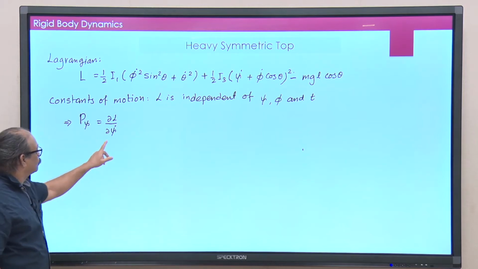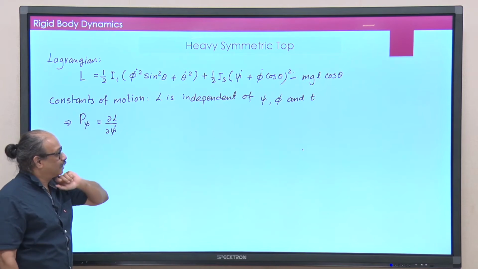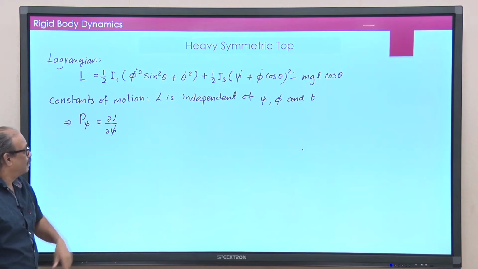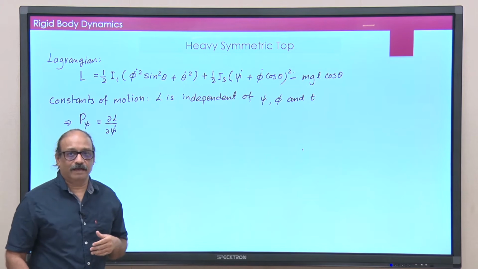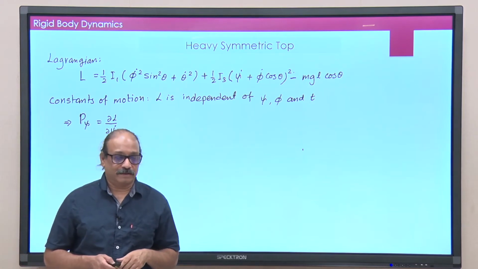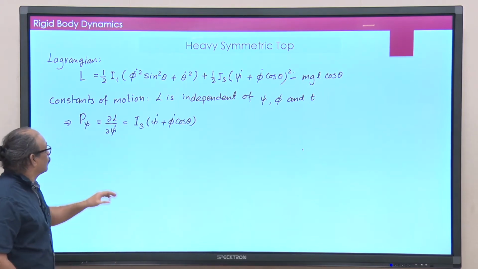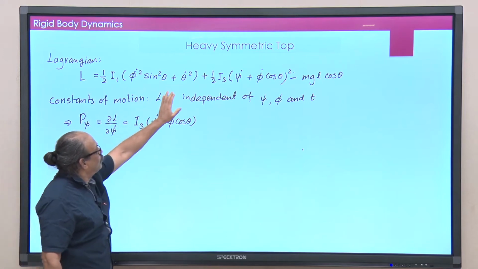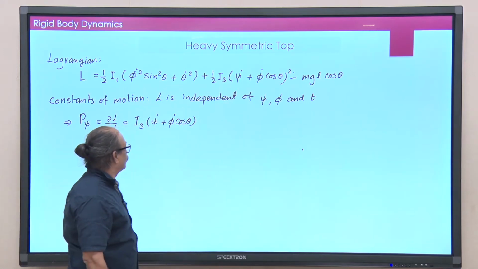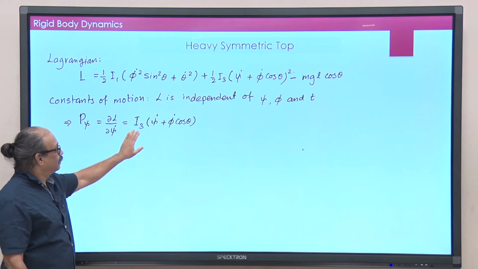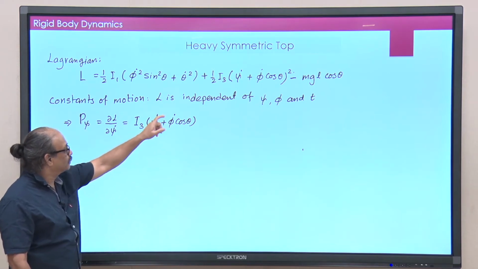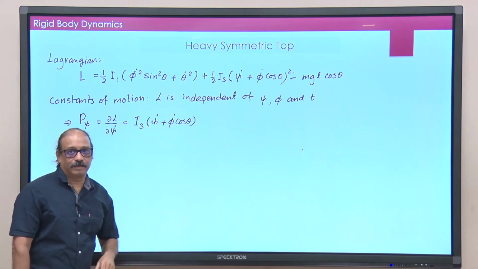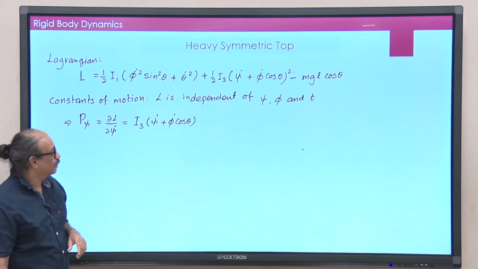So, corresponding to psi, the generalized momentum would be p psi, which is the partial derivative of L with respect to psi dot, and calculate that. There you are, psi dot only appears here. Okay. So, I will write it as I3, and of course, there is a factor of 2, and it will be psi dot plus phi dot cos theta. Okay.